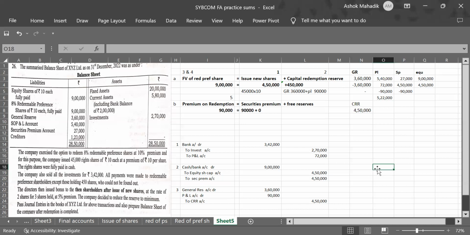They said that we have made a fresh right issue of 45,000 shares of 10 each. So 4,50,000 is the right shares, that is fresh issue. We need to raise a further 4,50,000. For that we have used general reserve to the full extent, 360,000, and the shortfall is used from PNL, which is 90,000.